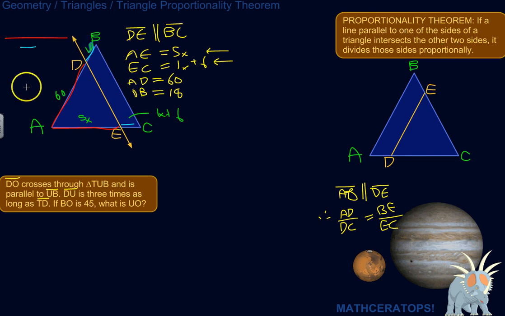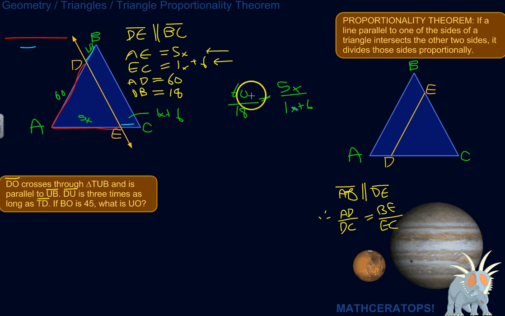So by this theorem, the ratio of 60 to 18 is equivalent to the ratio of 5x to 1x plus 6. Okay?